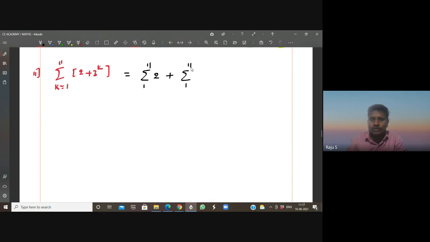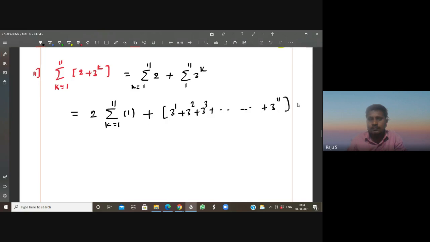Summation 1 to 11 of 2 is a constant with respect to k, it is independent, we cannot substitute any k value here, so you can take 2 outside. It is again k equal to 1 to 11 of 1, plus now in place of k you can substitute 1, 2, 3 like that: 3 power 1 plus 3 square plus 3 cube plus so on plus 3 power 11.